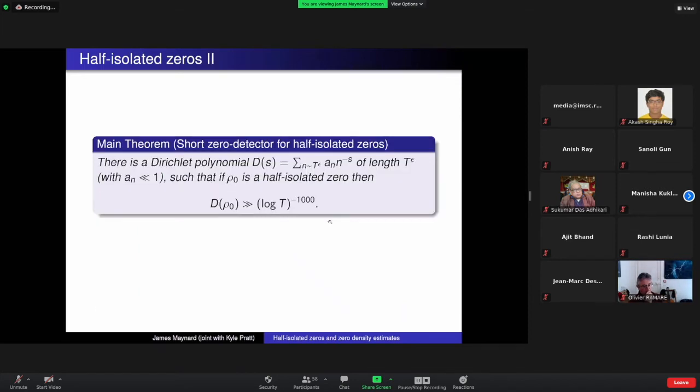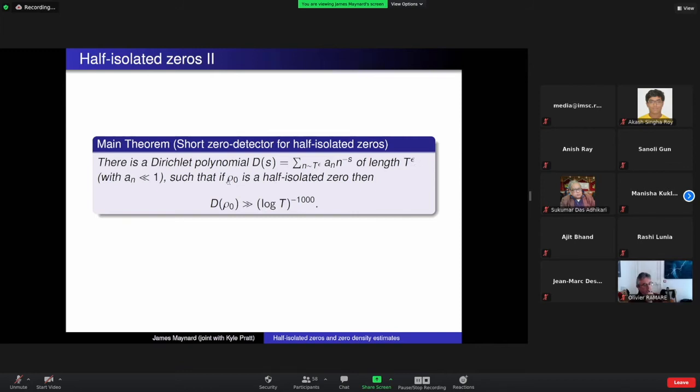And so then maybe our main theorem is that there exists a short Dirichlet polynomial which takes large values near half isolated zeros. So maybe I'm lying very slightly in this statement, but there exists a Dirichlet polynomial with coefficients of size 1, which is a very short Dirichlet polynomial.